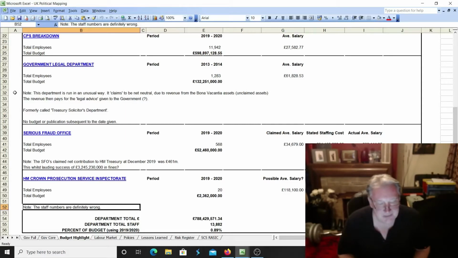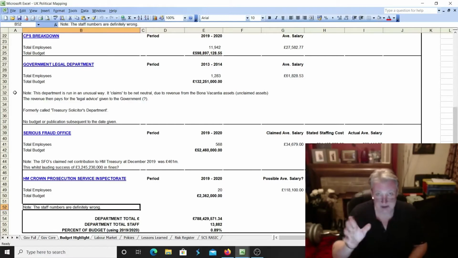Now, when they do have a successful case, and if you bother to look into the links and have a look at that department, and by all means it's worth looking in your own country as well, anybody outside the UK, to see how this works with your countries as well.